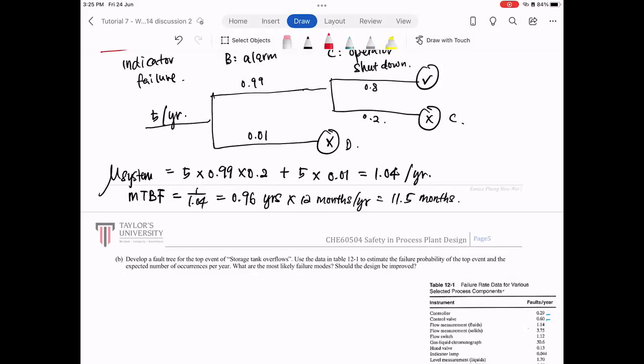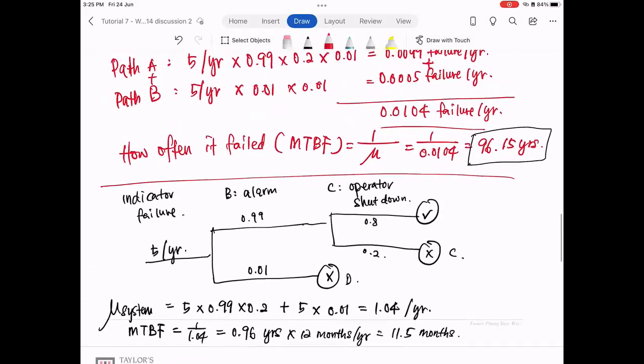So this is the true purpose of running an inventory. Okay, so when we want to do this, even if, let's say, you want to justify, for example, you don't have the system and you have a storage tank that always overflows, and you did these calculations and you say, okay, boss, we want to put in this auto shutdown system, and the boss says that shutdown system costs me 100,000 ringgit.